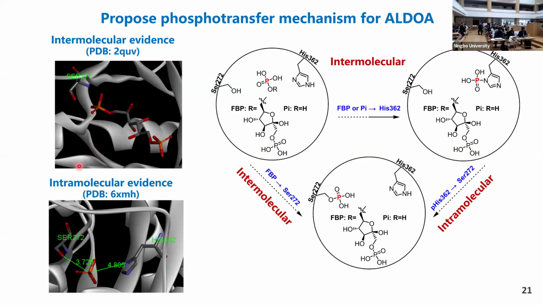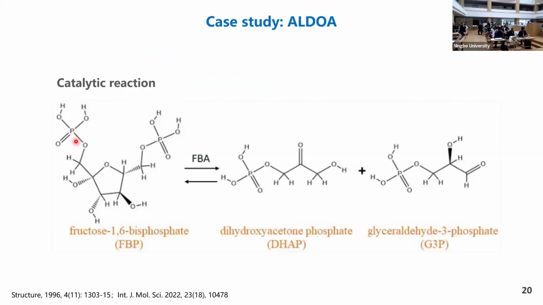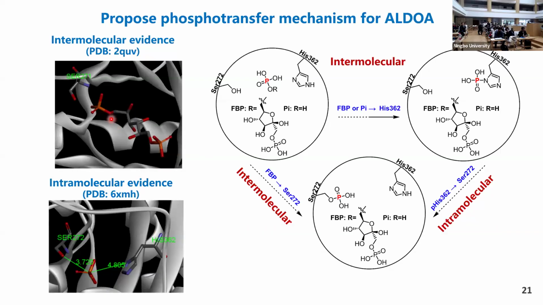So we wondered how this amino acid can be phosphorylated, and very luckily, it is already answered in the existing PDB bank. In this PDB entry, you can see this is the substrate, the 1,6-biphosphate sugar, right? So you can see the phosphate transfers directly from this substrate to this serine.